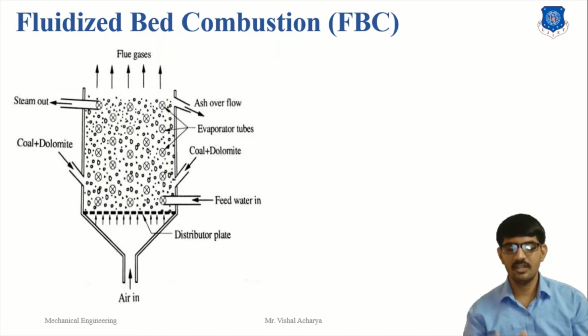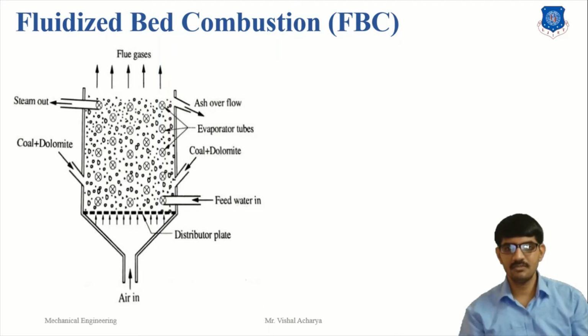During the burning, SO2 formed is absorbed by the dolomite and thus is prevented from escaping with the exhaust gas. The molten slag is tapped from the top surface of the bed. The bed temperature is nearly 800 to 900 degrees Celsius, which is ideal for sulfur retention. Addition of limestone or dolomite to the bed brings down SO2 emission level to about 15% of the conventional firing method.